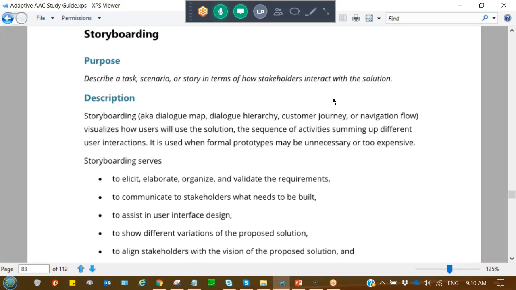And my guess is that in putting together the AAC study guide, what Adaptive did was to look for the primary point and try not to replicate the techniques at multiple horizons. I think the goal with the AAC study guide was to cut down on some of the verbiage of what's in the Agile extension while retaining the meatier content of the Agile extension.